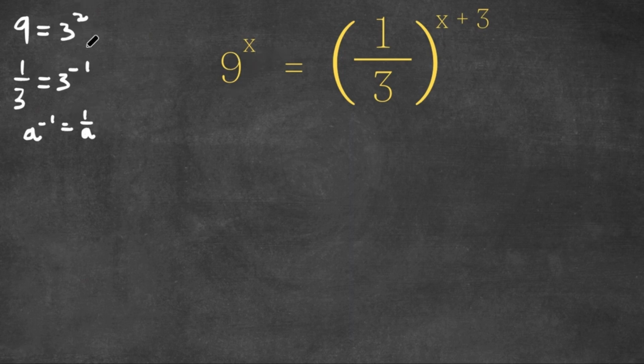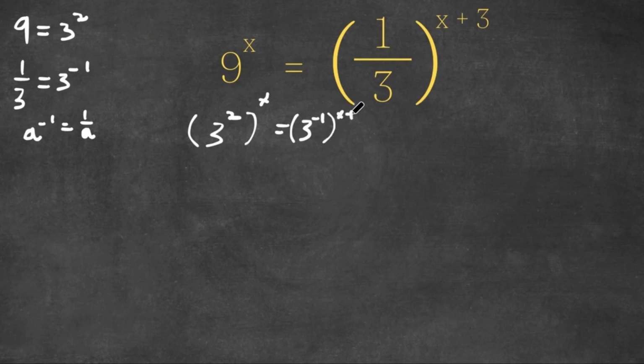So now we simply just replace these two terms with their values. So 9 is 3 squared, so now we have 3 squared to the power of x is equal to 3 to the power of negative 1 to the power of x plus 3.